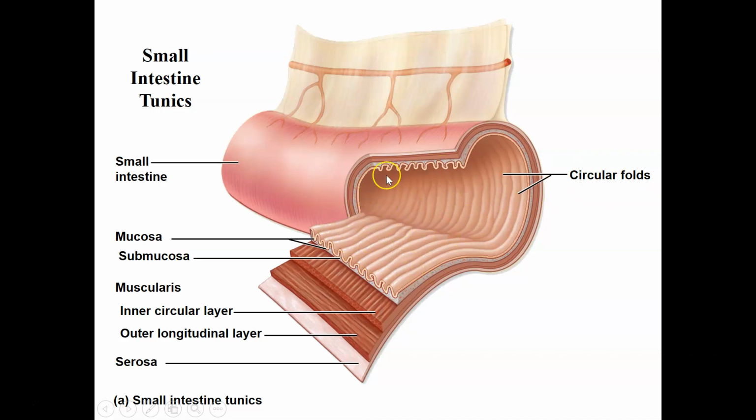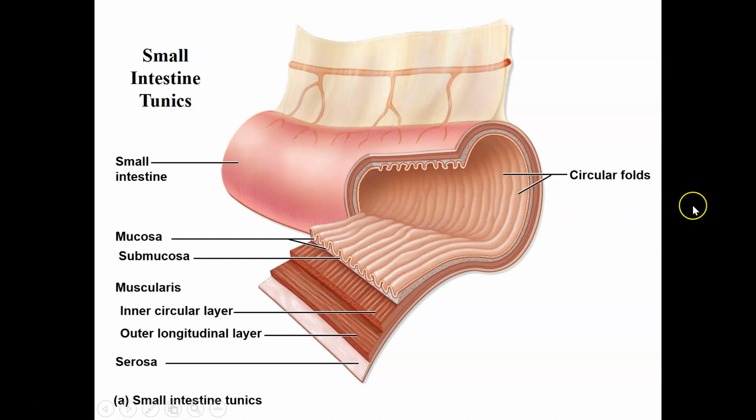They go around the inside of the tube. Any chyme coming down this tube is going to bump into these, and it's going to slow down. And also there are valleys between the folds, and materials can get lodged in those, and that increases the opportunity for contact and makes absorption much more likely.